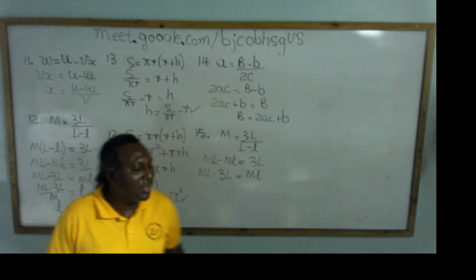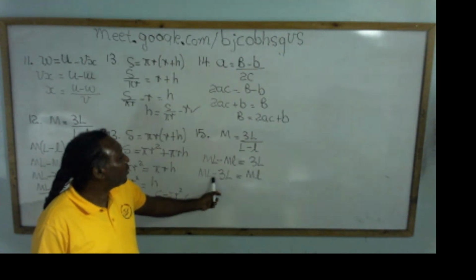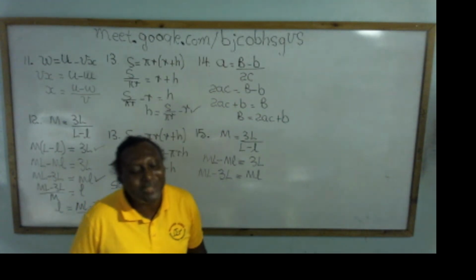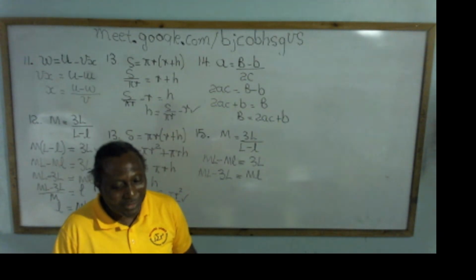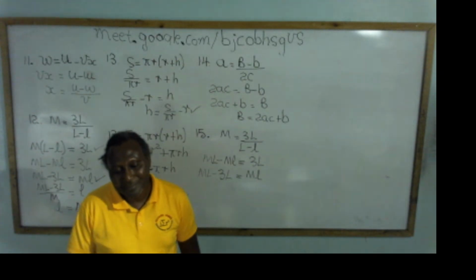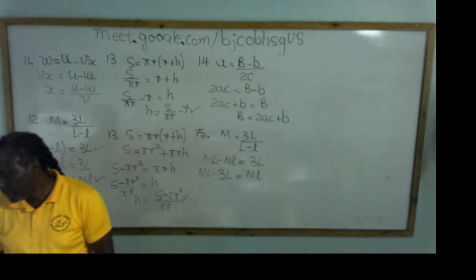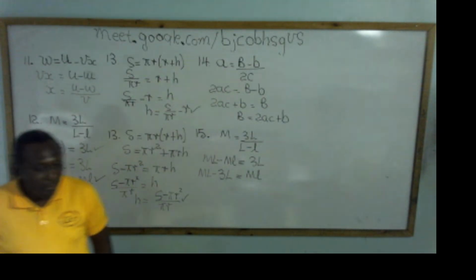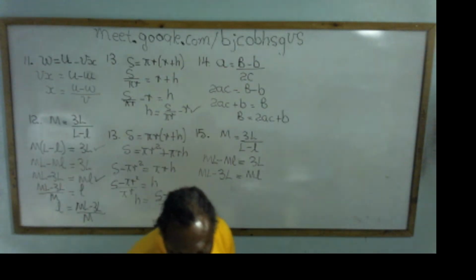So we have all occurrences of the proposed subject on the same side and everything else on the other side. What do we usually do? Because we have done that before. No answer as yet.